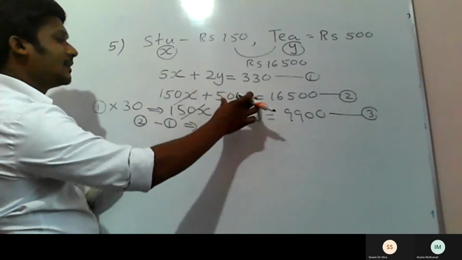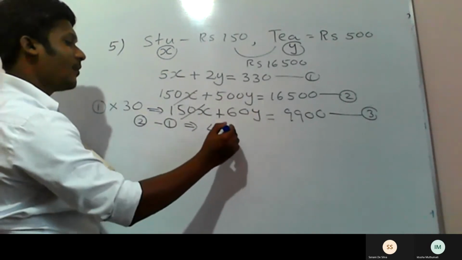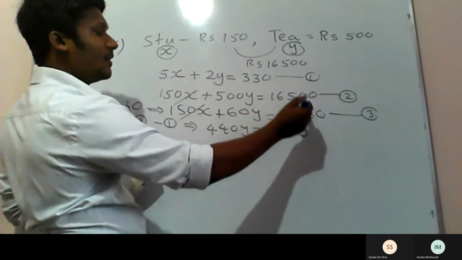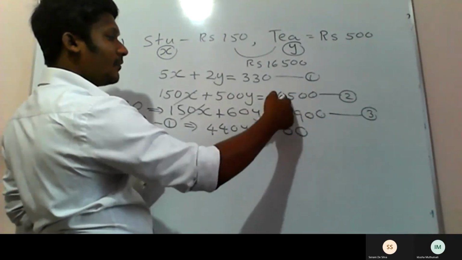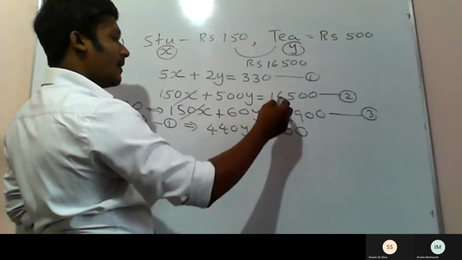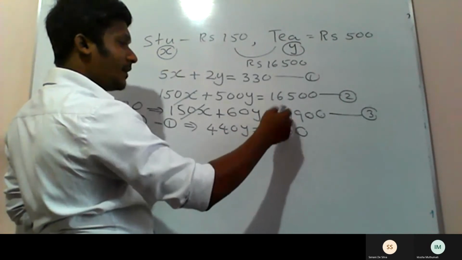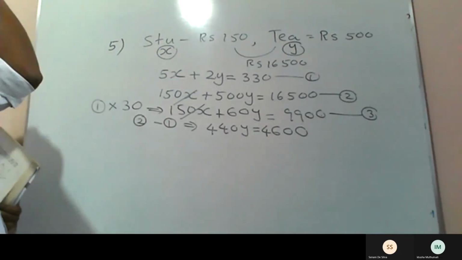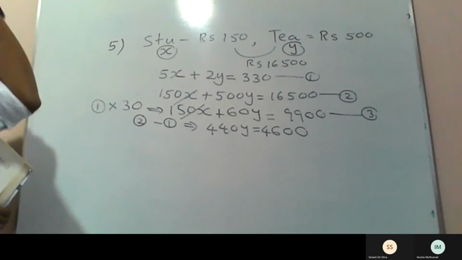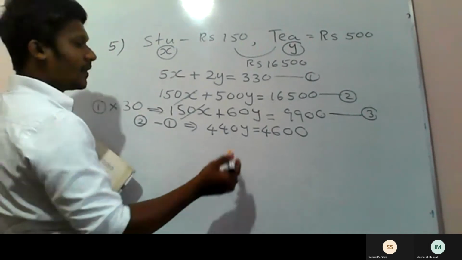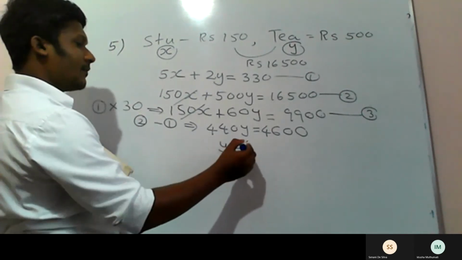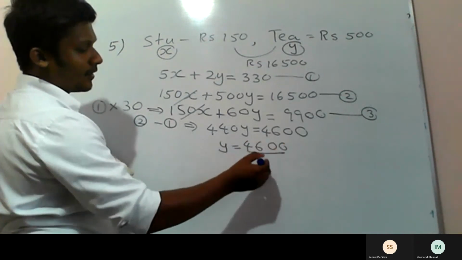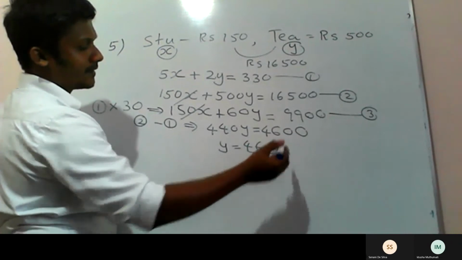These two cancel. 500y minus 60y is 440y. 0 minus 0 is 0, 0 minus 0 is 0, 15 minus 9 is 6, so 6,600. Then y equals 6,600 divided by 440.